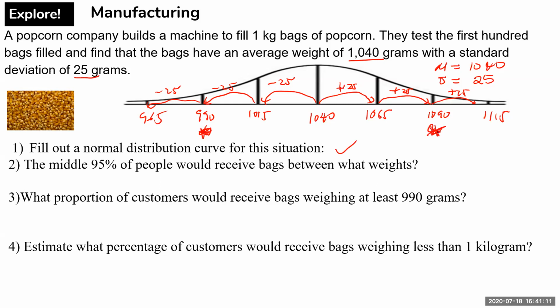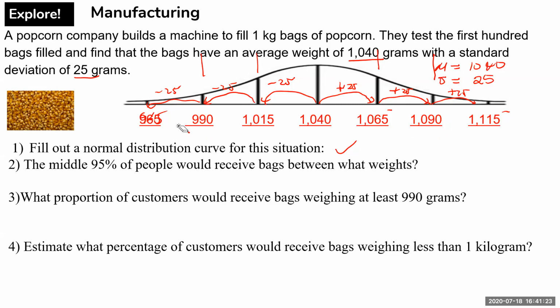So we just want the range of values, okay? Because we know this is the first standard deviation and this is the second standard deviation. And we just want the range of values, and that is 990 and 1090, okay?